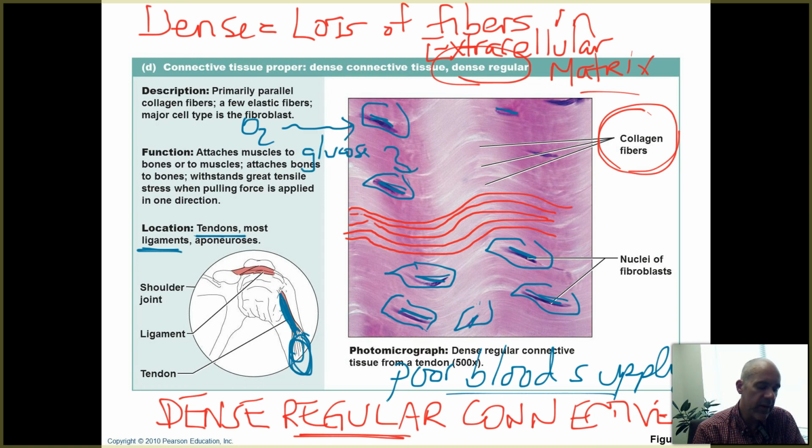Those have to diffuse in from other surrounding tissues. And so sometimes those things have a long distance to travel by diffusion before they can get to those cells. Now those things, O2 and glucose, are super, super tiny, so they can squeeze around all those collagen fibers, but you can't have something big like a blood vessel passing through there.